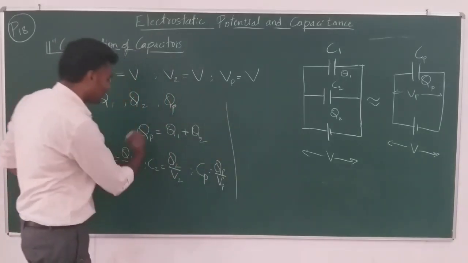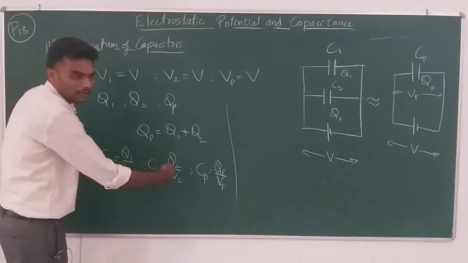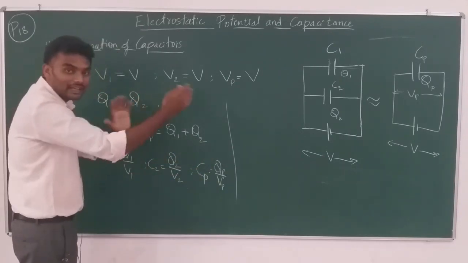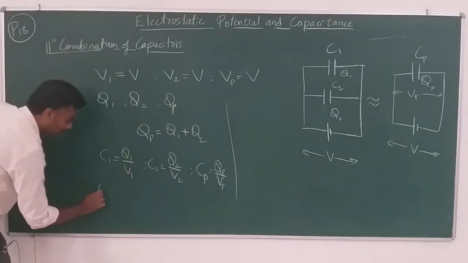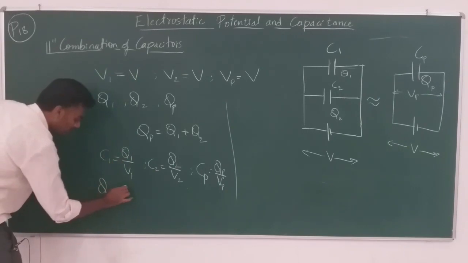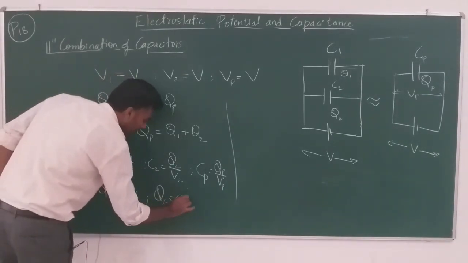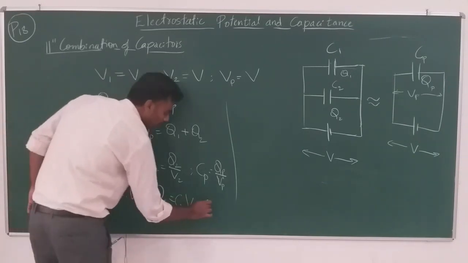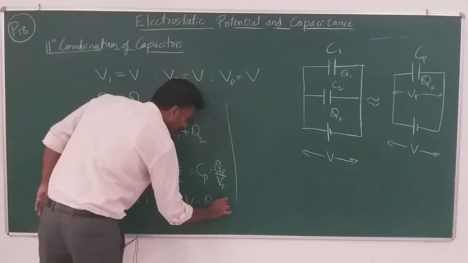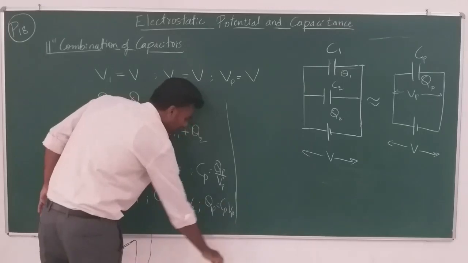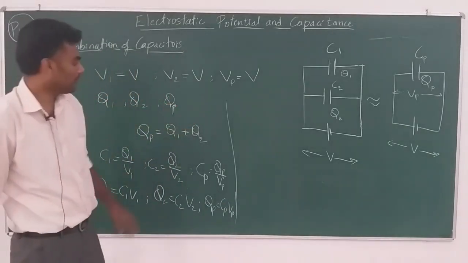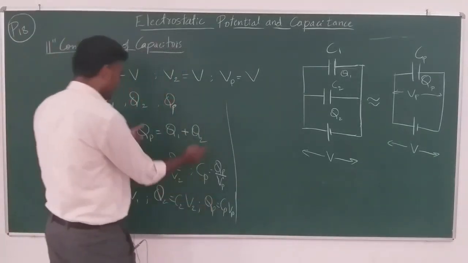So let me express all these equations in terms of Q1, Q2 and QP, so that I can connect those two. So Q1 becomes equal to C1 V1 and Q2 becomes equal to C2 V2. So QP becomes equal to CP VP. Okay. Now let me substitute them into this equation.